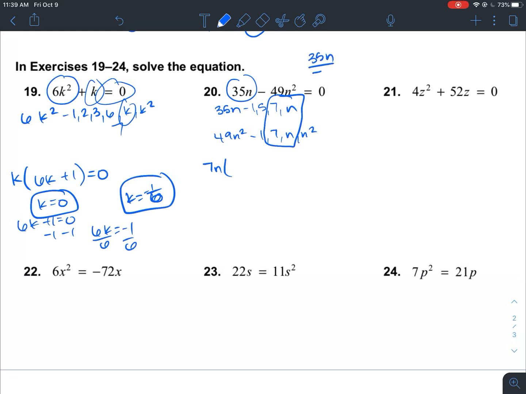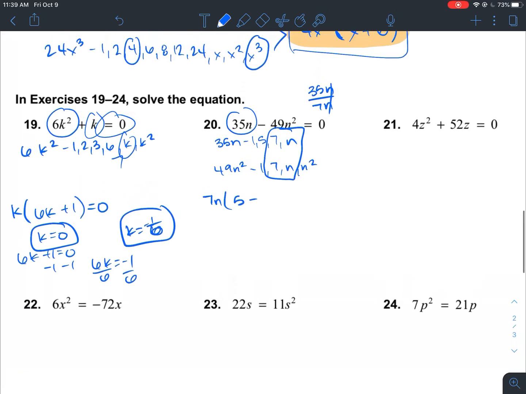Now I have 35n. If I divide that by 7n, the n's would go away. 35 divided by 7 is 5. So then in the parentheses, I'd be left with 5 minus, now let's take the 49n squared and divide this by 7n. 49 divided by 7 is 7. N squared divided by n is n. So then this would be 7n equals 0.